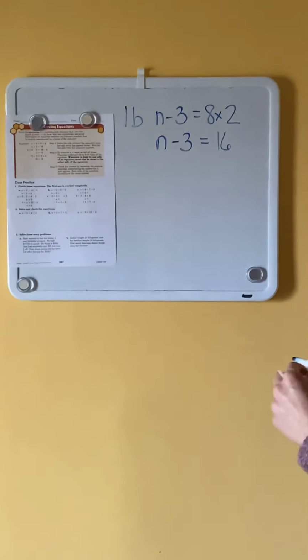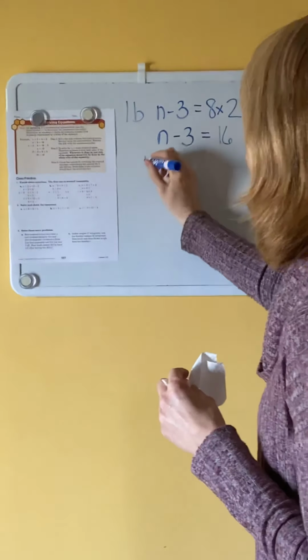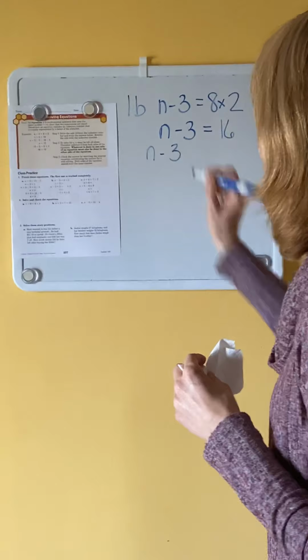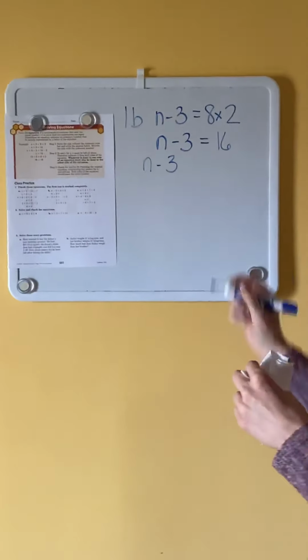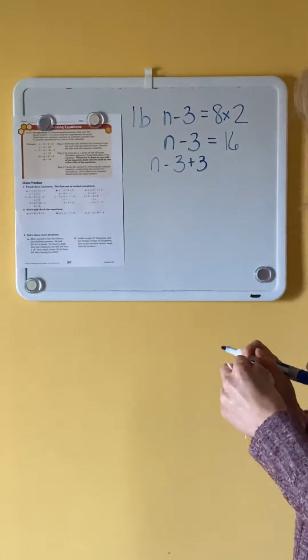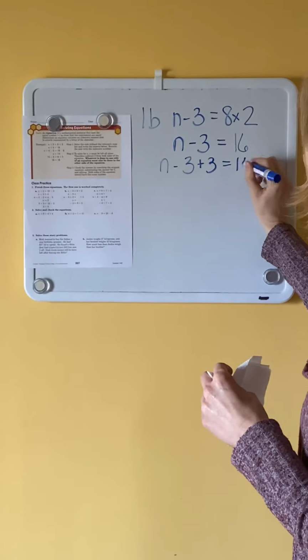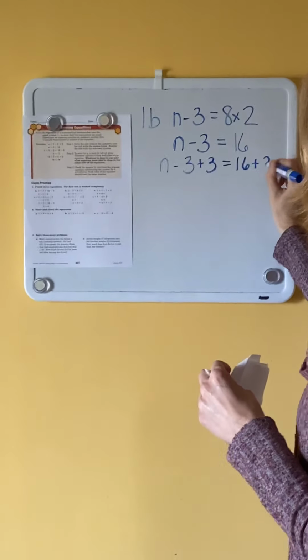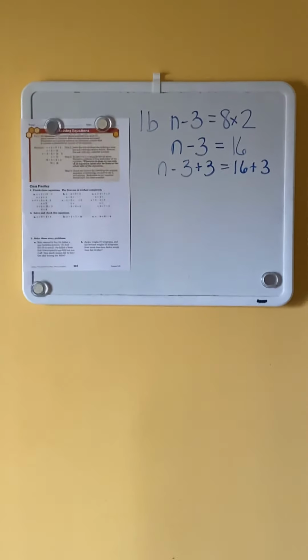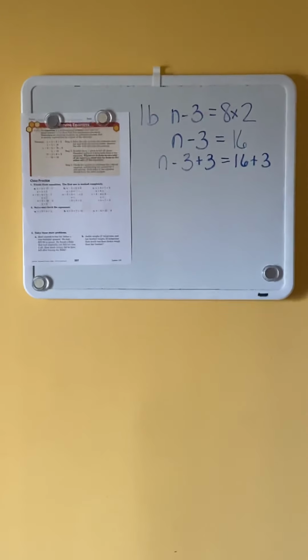Now, the next thing we have to do is, because we have n minus 3, we have to do the opposite to get n by itself. So we have to add 3. Now, if we add 3 on this side, we also have to add 3 on the other side. This is where I feel like the equation can look kind of confusing.